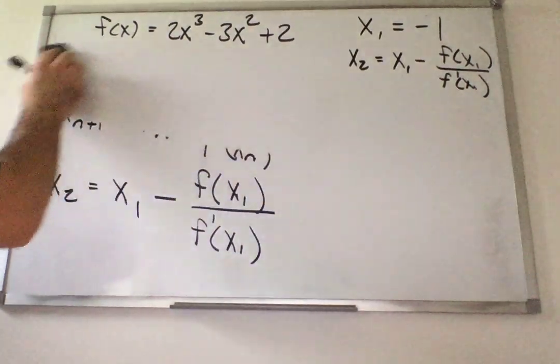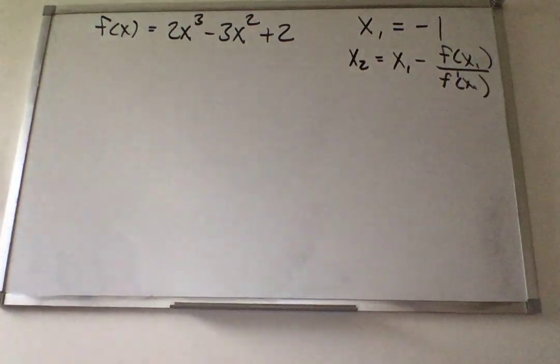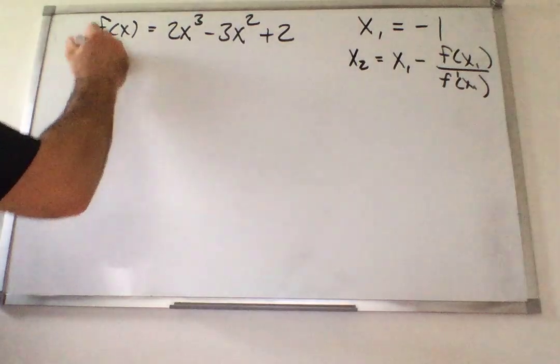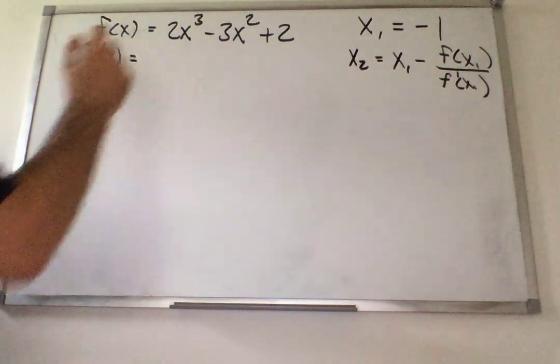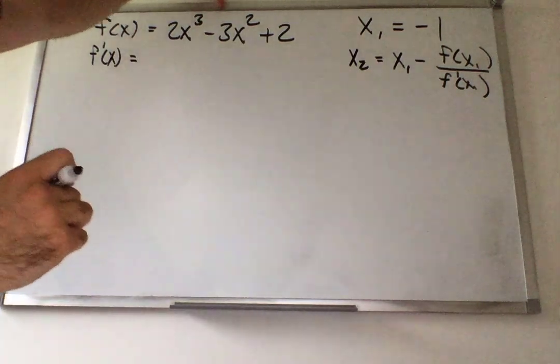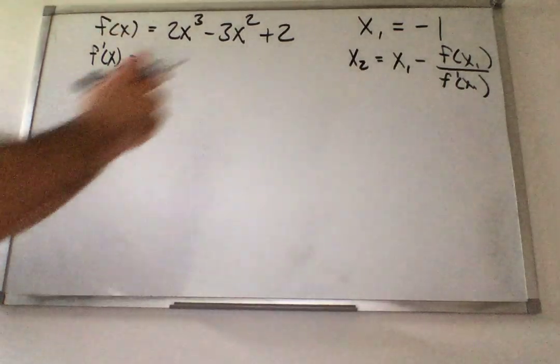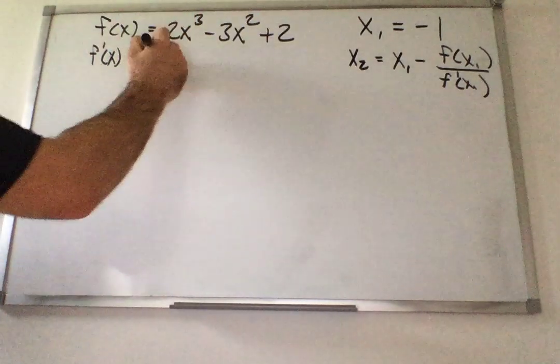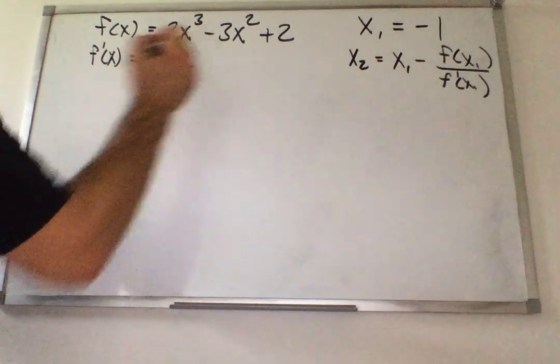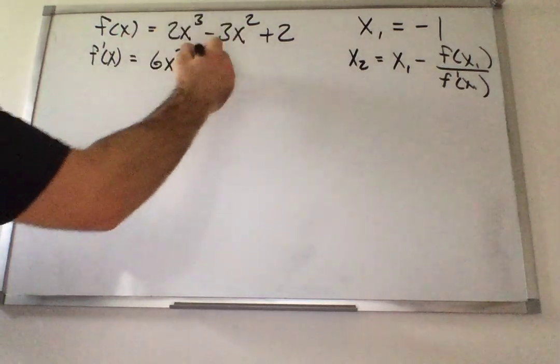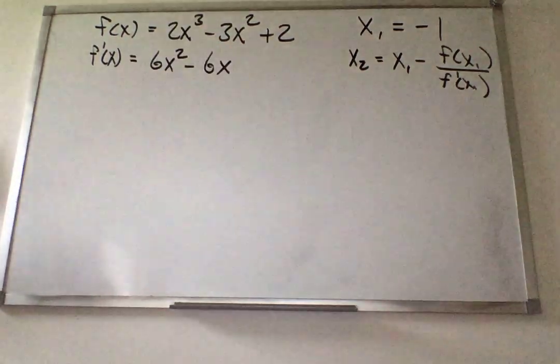Let me go ahead and find the derivative first. f prime of x is equal to, now all of this is just power rules. Well, this is a constant, so it's 0. So 6x squared minus 6x.